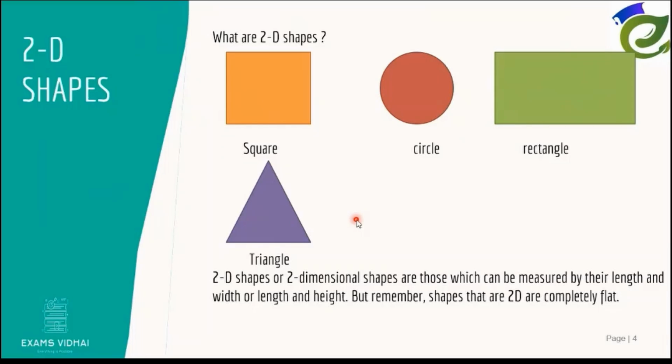An important note over here is 2D shapes have only area and no volume. The reason is that they are completely flat and live only in a two-dimensional space. Yes, let's go to the next.